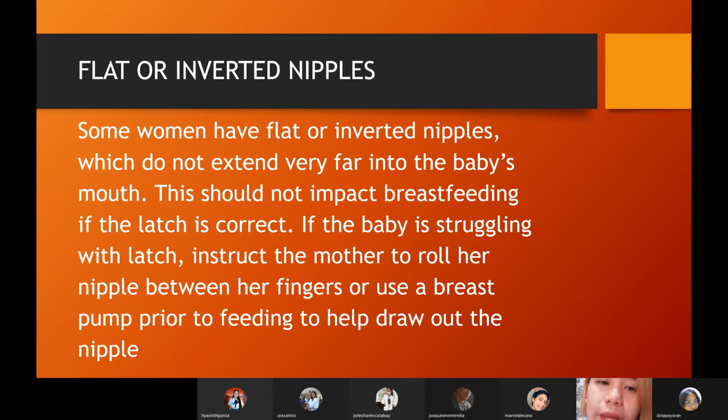The pump is used to help the milk lumabas or ma-pump yung milk natin, para maano siya. Then afterward, the milk will then be given to the baby.